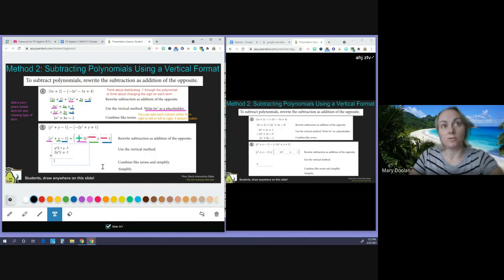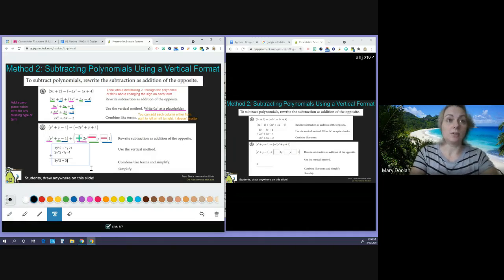Again, you can go from left to right or right to left, doesn't matter. If you don't see a coefficient for the y squared, remember it is 1y squared. So 1y squared plus 2y squared is 3y squared. Y plus negative y, that's actually going to give me 0. Again, you can add in the coefficient that you don't see, which is positive 1 and negative 1.